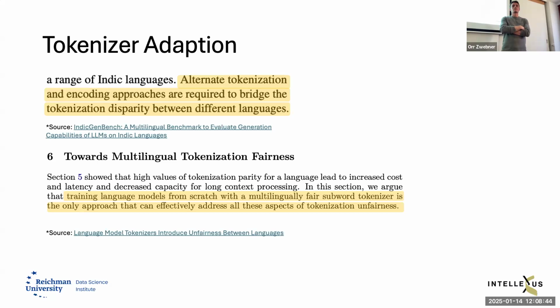Now there are some people who already worked on this kind of solution in other languages. I don't know about Sanskrit. I don't think I've seen anything like that. But I've seen something for Arabic and Hebrew, for example, which are also morphologically rich languages. Apparently it's very hard to measure the contribution of something like that, because it depends on what downstream task you measure, right?